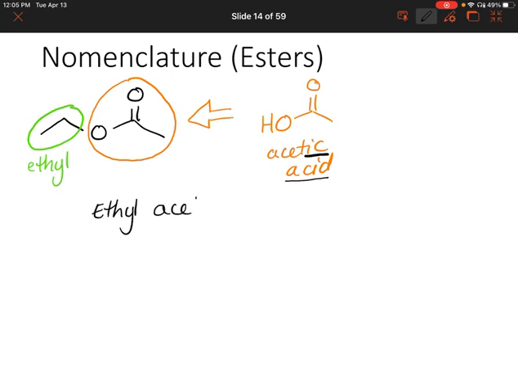So this becomes acetate. And acetate is the name of the conjugate base. If we remove the proton from acetic acid, we get acetate. So that's the conjugate base.